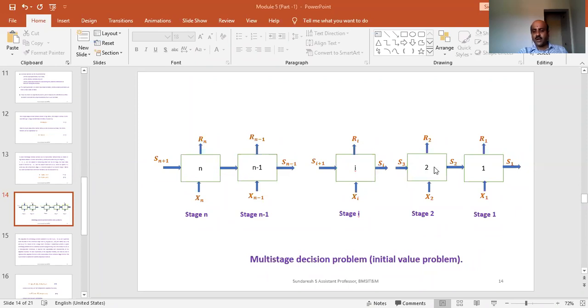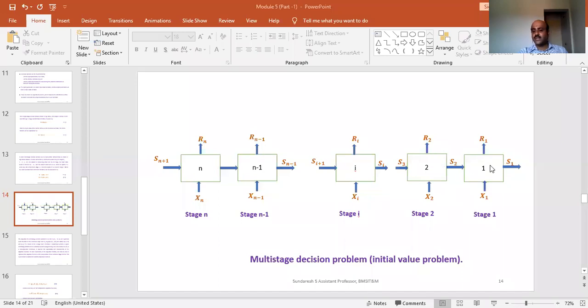So if you say stage 2, its input will be S2 plus 1, that is S3, and its output will be S2. Its decision variable will be X2, and its return function will be R2.